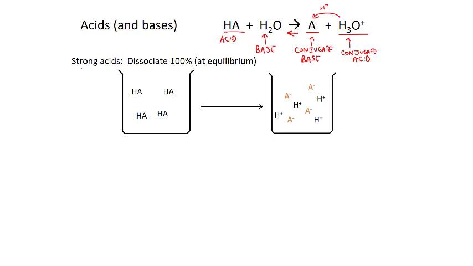So we can distinguish between strong acids and bases and weak acids and bases. So a strong acid or base, it dissociates 100%, which means that the reaction above goes to completion.